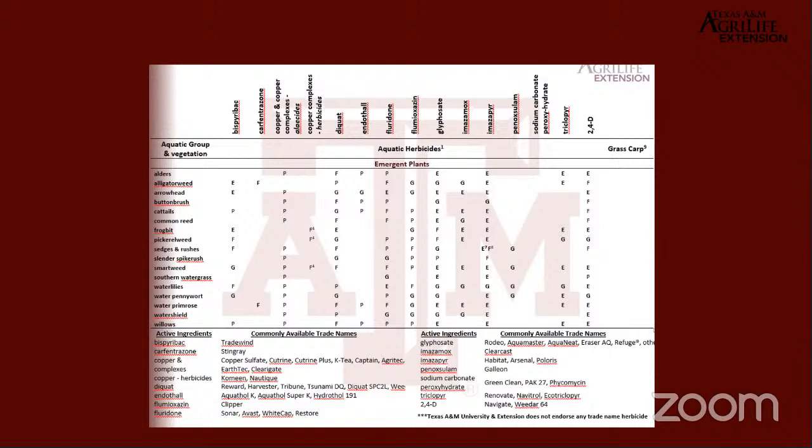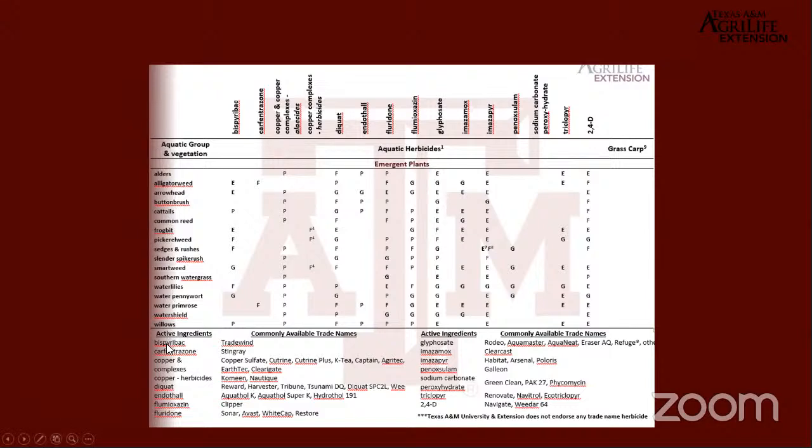No, it's not going to necessarily help you identify what you're trying to manage, but it is a very quick resource for what to use for effective control in terms of herbicides. If you look at the top, we have all of our active ingredients that are labeled for aquatic use. We'll talk about that a little bit in a second.